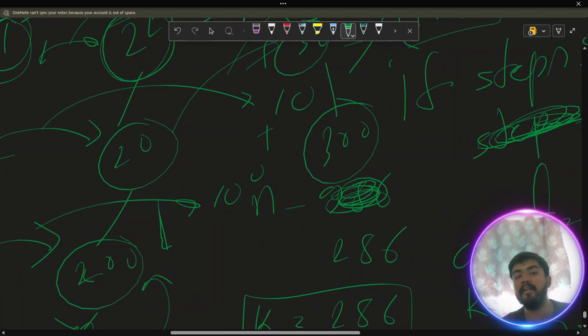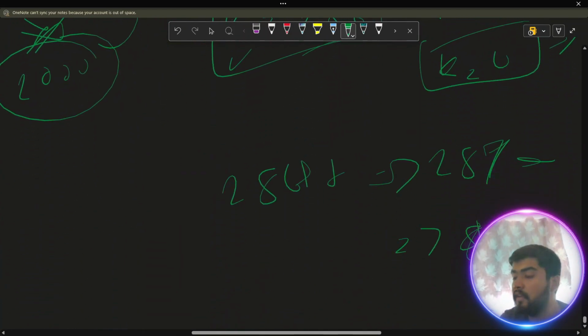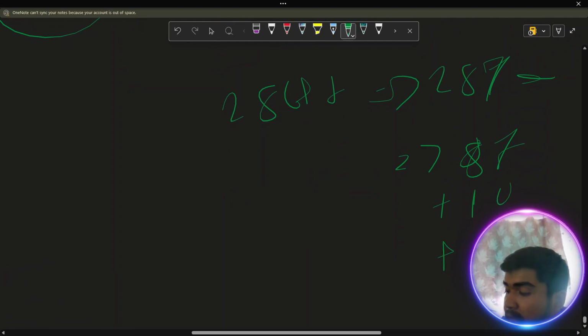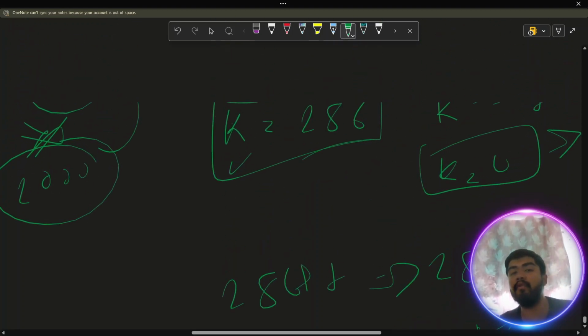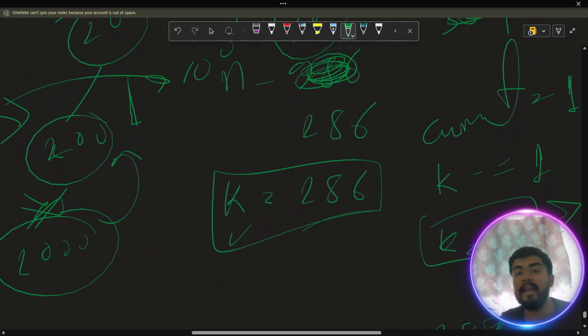So return. So for 200, what is the steps we got? 87 from here, 10 between 20, 30, and plus 1 at 2, 3. So how many? 87, 97, 98. And what is our k value? We have our k at 286.